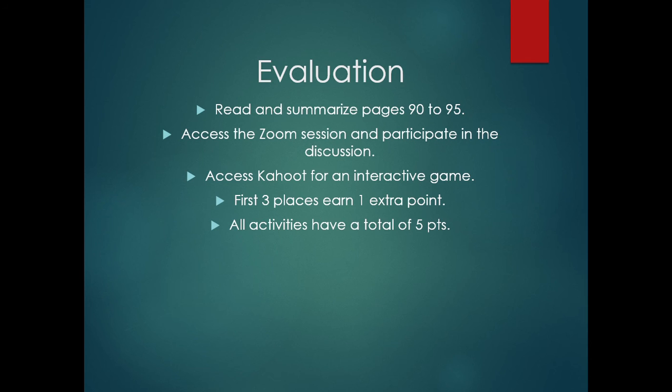All activities have a total of 5 points. So make sure to read the content, summarize it, and of course participate in the Zoom session, so then you can have the pin for the game. And of course, you can go ahead and participate in the game later on and earn your 5 points, or even an extra point if you're one of the first 3 places.